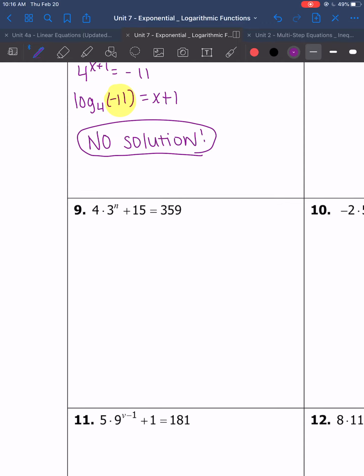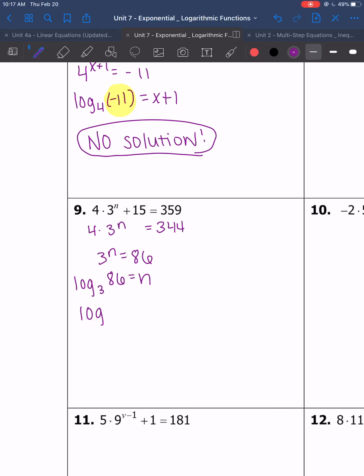And then we have this one. So let's subtract 15. So I get 344 equals 4 times 3 to the n, and divide by 4. 3 to the n equals 86. That means log base 3 of 86 equals n.